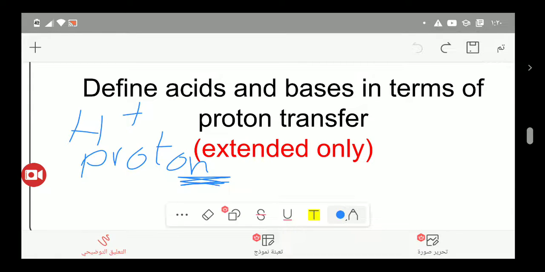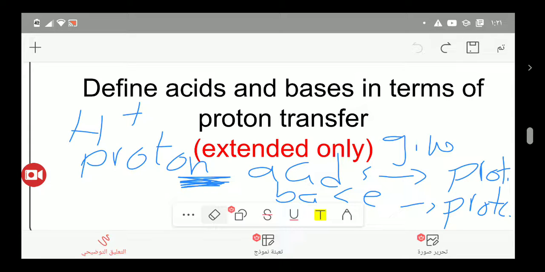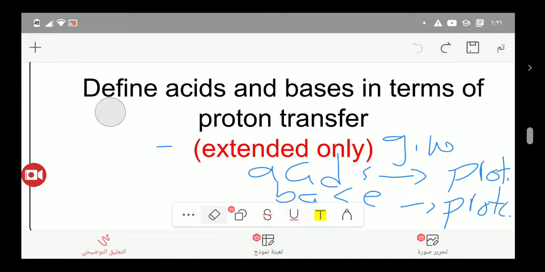There is a scientist who proposed a theory which said that acids give protons and bases take protons. Acids give protons and bases take protons. How? Let's explain with one example.